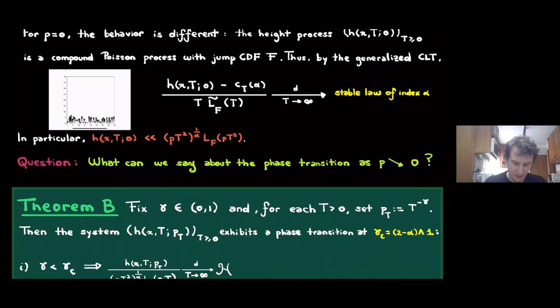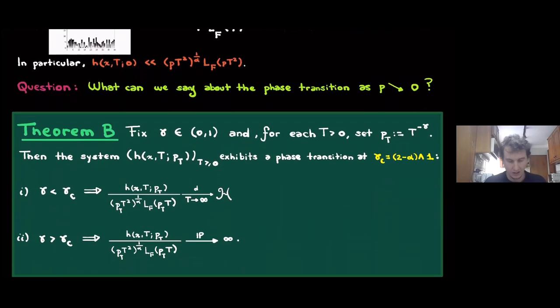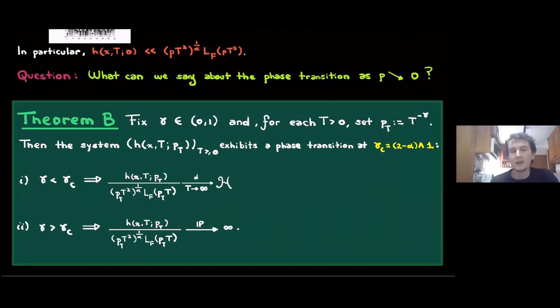And so our second result is that if you fix some parameter gamma in between 0 and 1, and for each positive time, you define a sticking parameter, which is just t to the minus gamma, then the system which fixes an integer site x, and checks for every time t the height of the column above x, for the model with sticking parameter t to the minus gamma, okay?